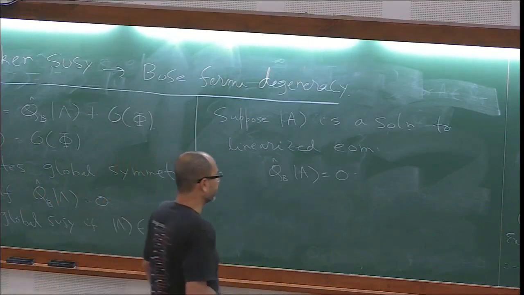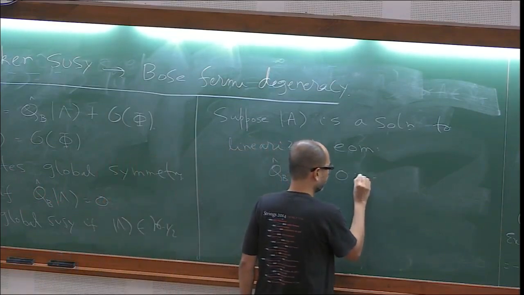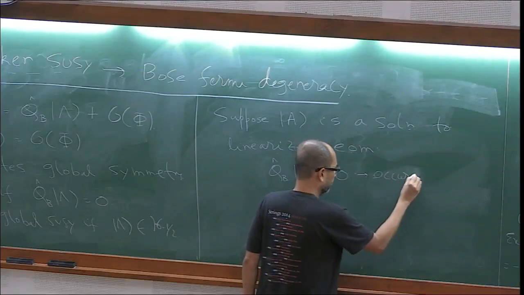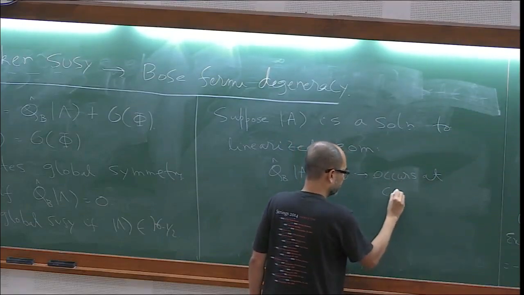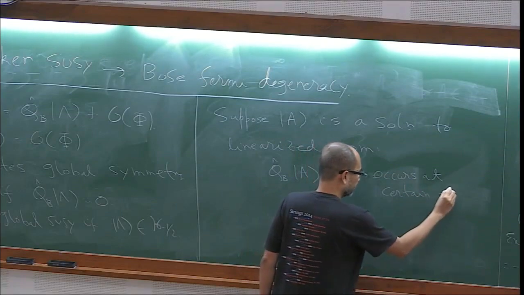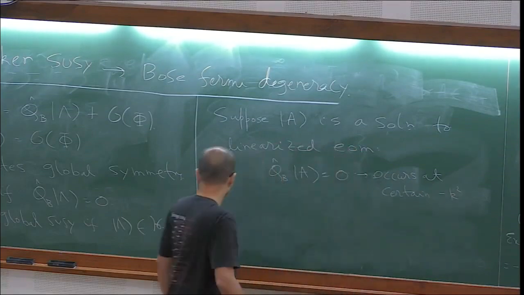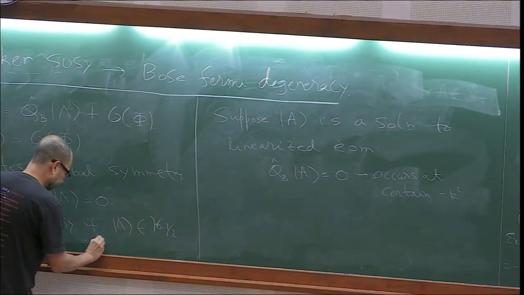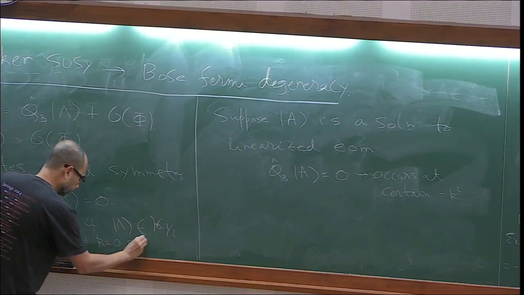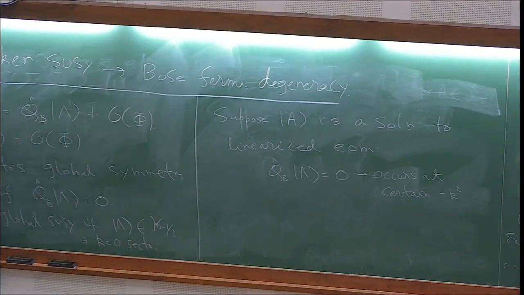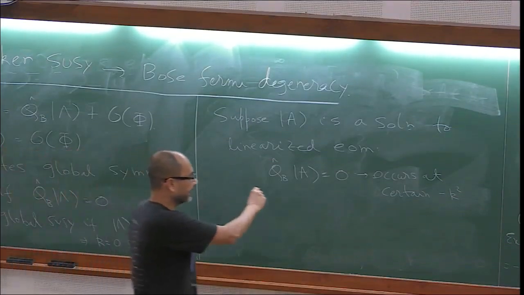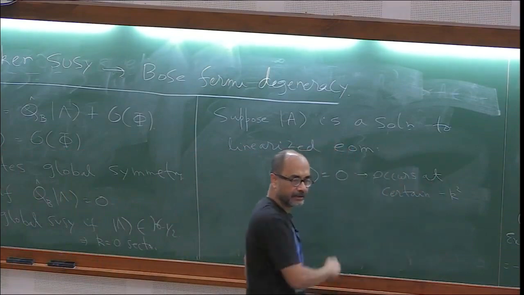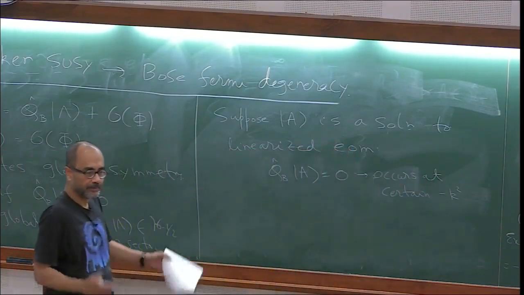And this occurs typically at a certain value of k squared, that gives the mass squared. I should have said here that when you're looking for unbroken supersymmetry, you are looking at the k equal to 0 sector. These carry zero momentum, because typical unbroken supersymmetry comes in the translation invariant sector. A in general carries momentum, some solution to the linearized equation of motion giving a physical state.